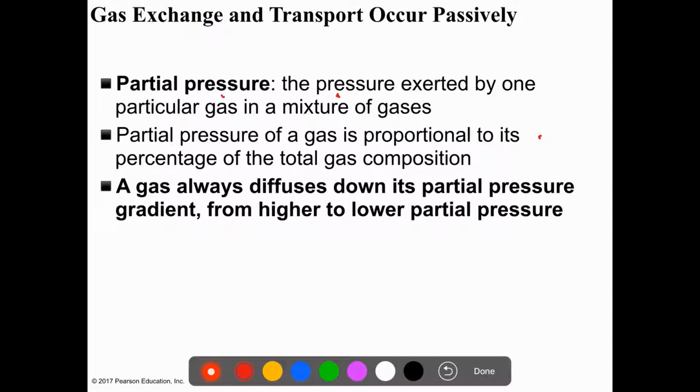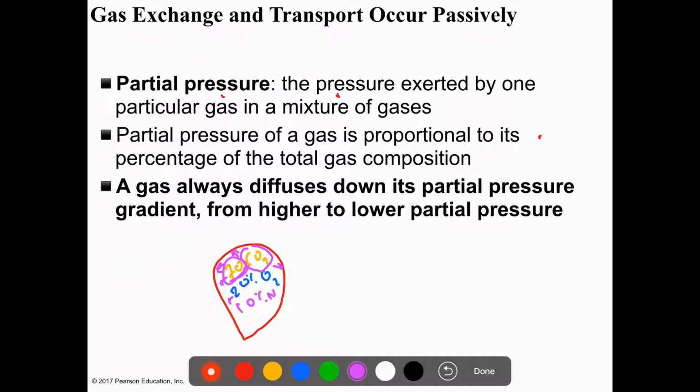So imagine we have a balloon, and within this balloon there are three different gases, like 70% CO2, 20% oxygen, and let's say 10% nitrogen.